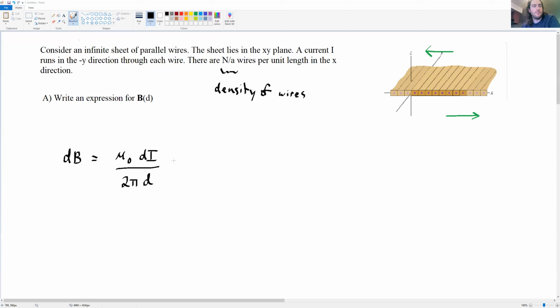So let's see here. dI is like a density of current, and the current density is going to be something like I divided by, well, actually, how do we write this here? Number of wires per unit length.